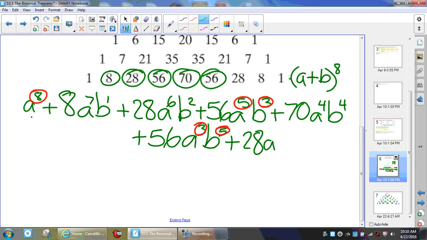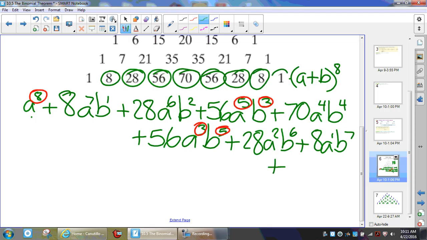A to the 2, and then B to the 6. Correct. And then we have plus 8. And Jesus, what would that be? A to the 1, B to the 7. And the very last one is just going to be a coefficient 1, and it will be A to the power 0, which we just don't write. So B to the 8.